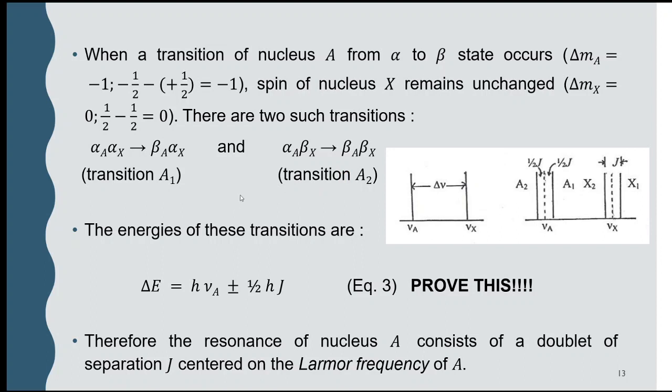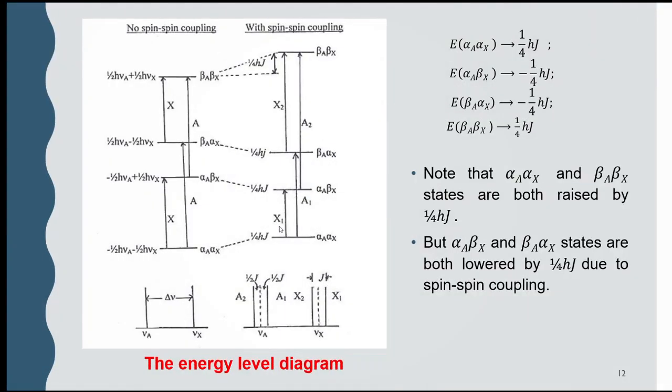So the other thing that I want you to prove is to find the energy difference. This is where the splitting actually comes in. When you take the energy difference, say, for this alpha A beta X and alpha A alpha X, you take X1, you find X2, you find the value A2 and A1.